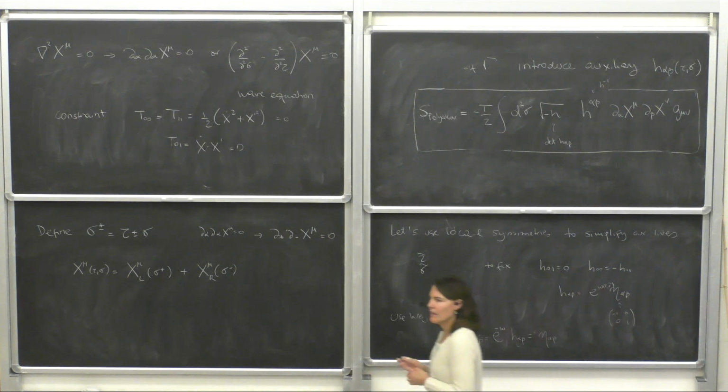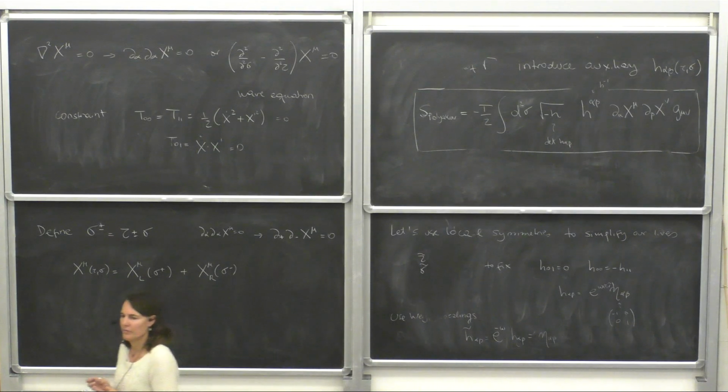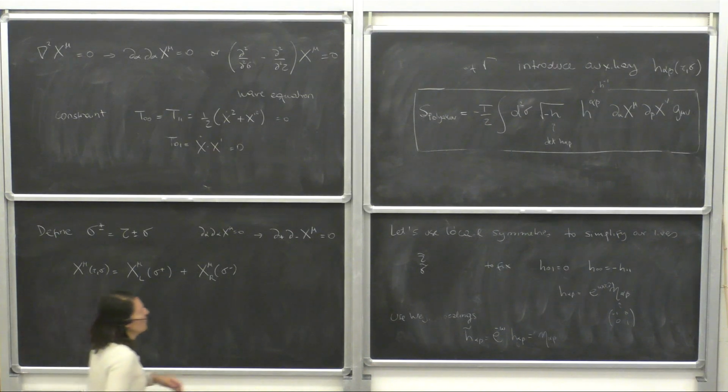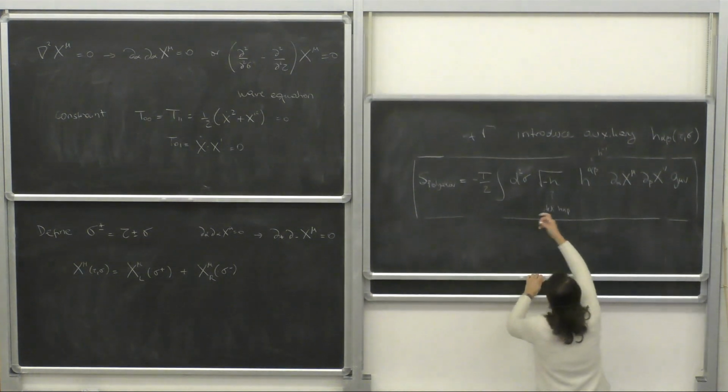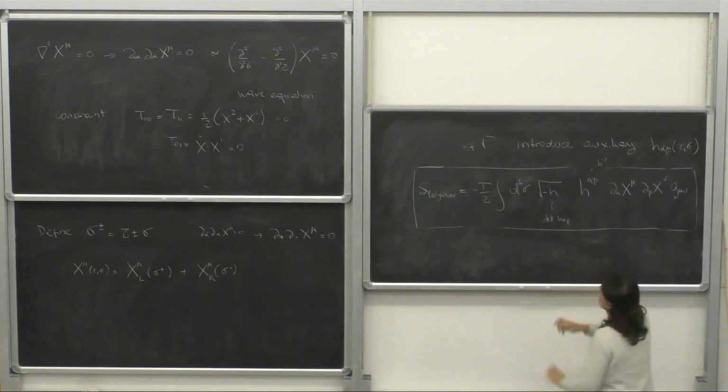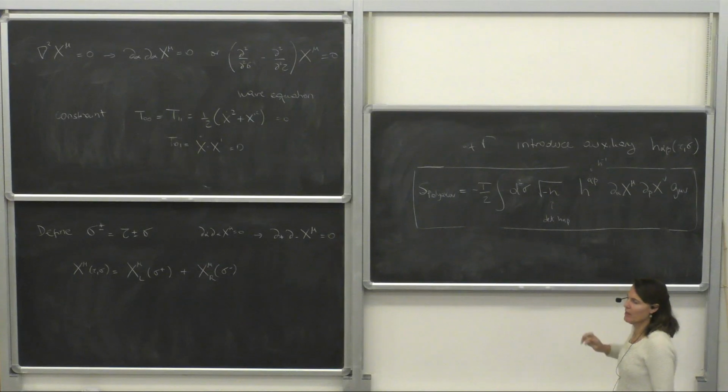Is it obvious why the metric has one positive and one negative? Because we take it on the worksheet. We want this to have a signature minus plus to be time.